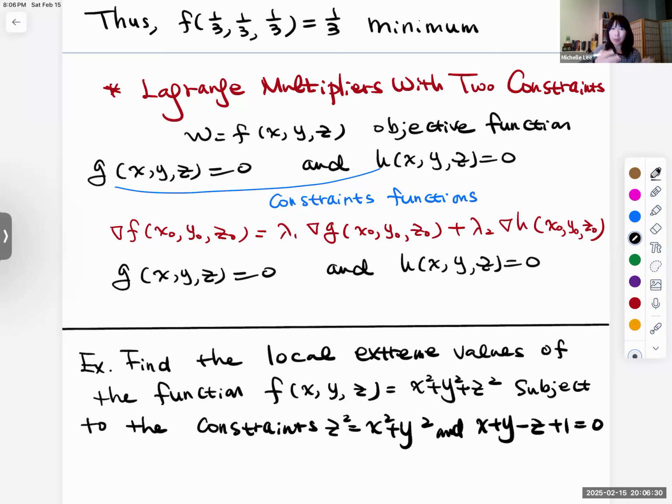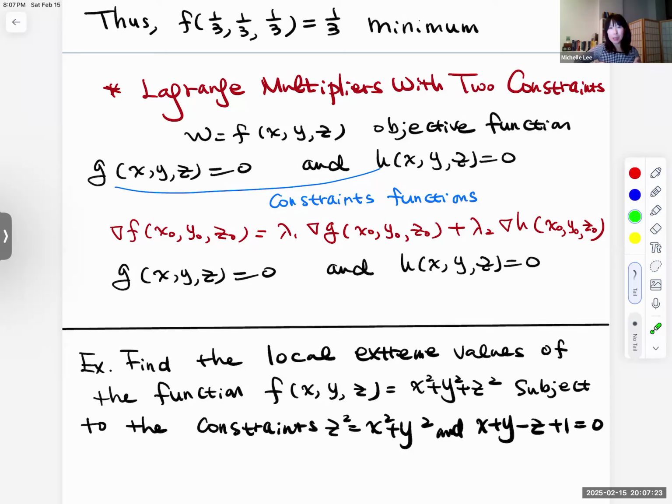Same concept, but we will have two lambdas. The gradient of the objective function equals lambda 1 times the gradient of the first constraint plus lambda 2 times the gradient of the second constraint. We set the constraint functions equal to 0, then look for x, y, z, whether minimum or maximum.